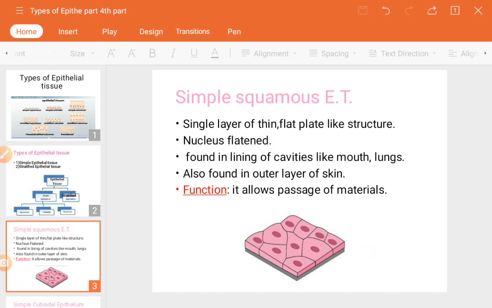It allows passage of materials. As I have told you about the lungs, which help in exchanging the gases through the alveoli. So the function of the simple squamous epithelium tissue is exchanging or passage of materials, outside or inside. Same about the mouth also. The mouth consists of some glands.